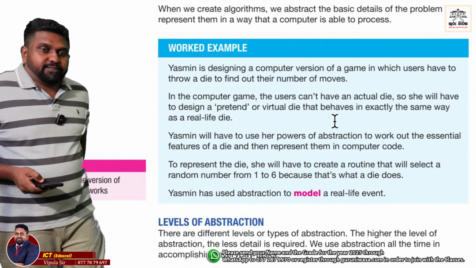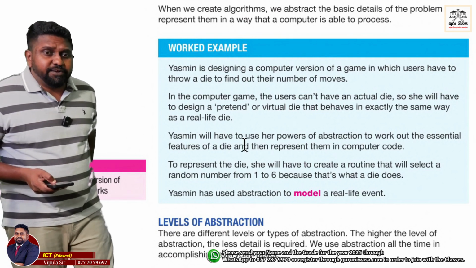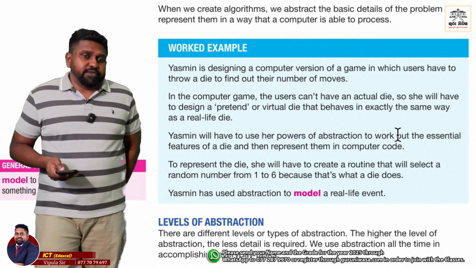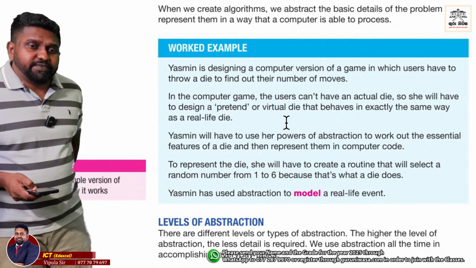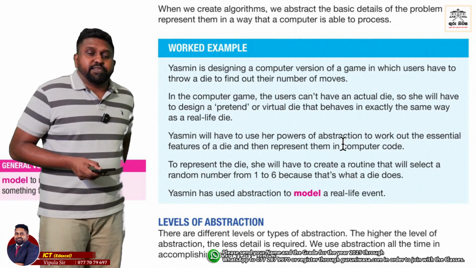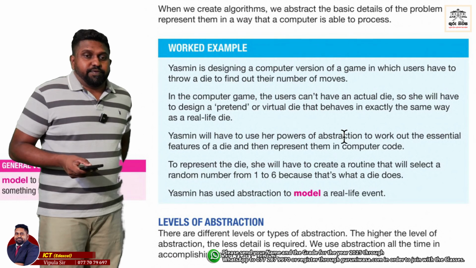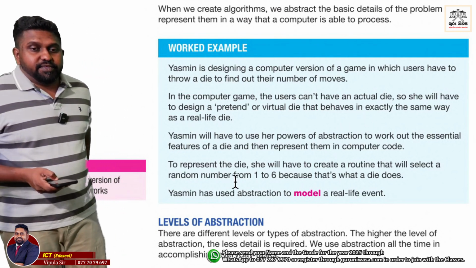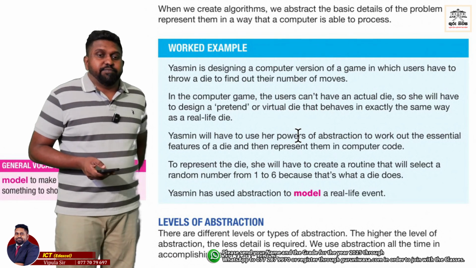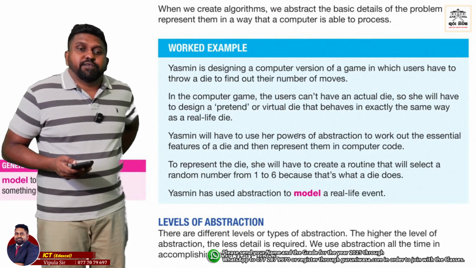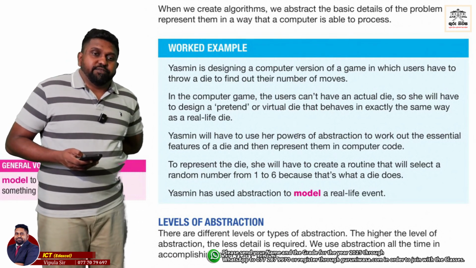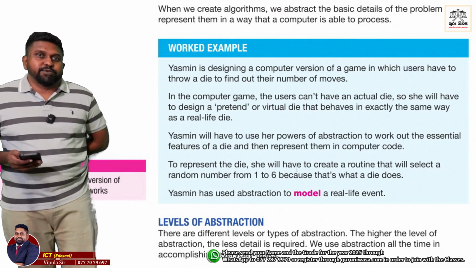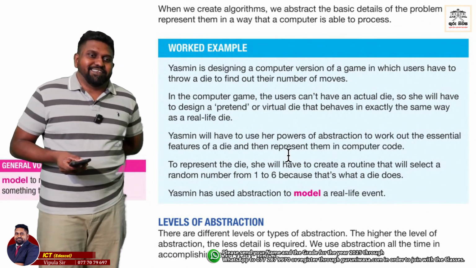In this case, Yasmin will have to use her powers of abstraction to work out the essential features of the die and represent them in the computer code, right? So we have to find out the main essential features, and then this can be a model of a real life event. I think what I told you about Google Maps is much clearer than what they were calling.